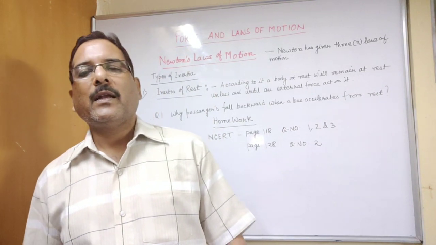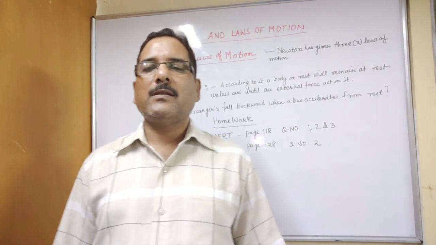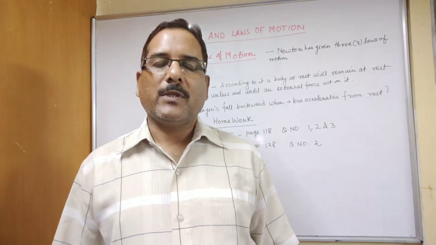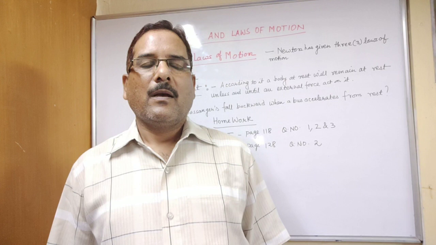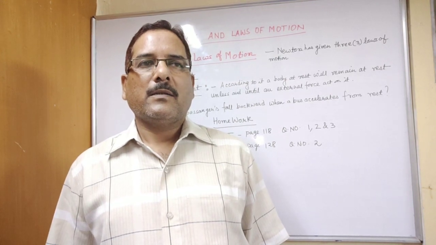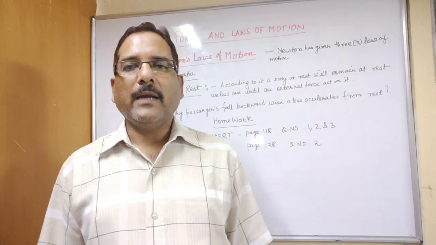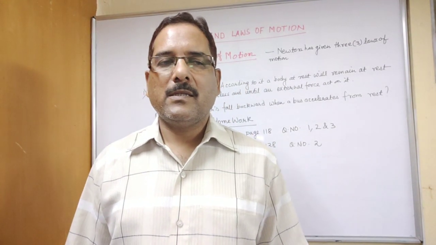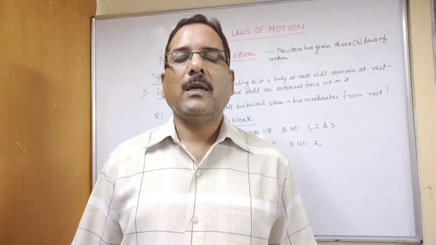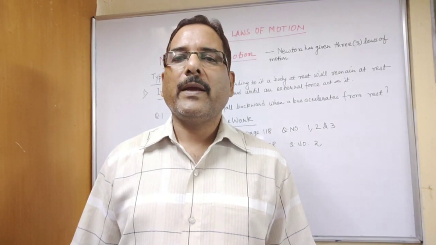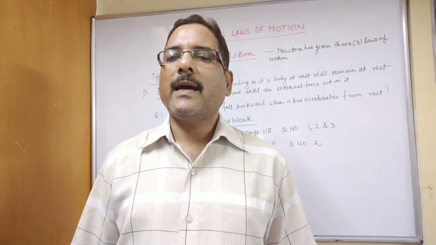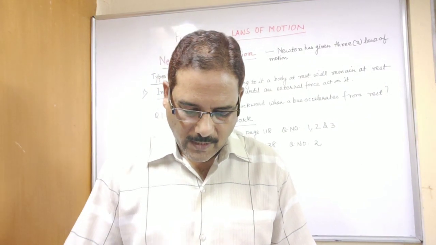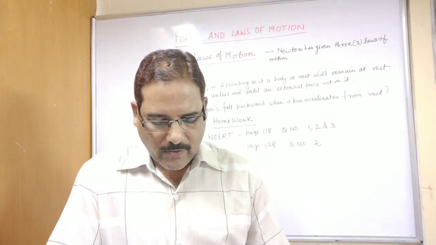Similarly, you will write, if we vigorously shake the branch of a tree, then the branch is set in motion, and some of the leaves which are dry are not so firmly attached to the branches. So due to inertia of rest, they try to remain at rest, get detached from the branch and fall down. The questions are very important, you must go through them.